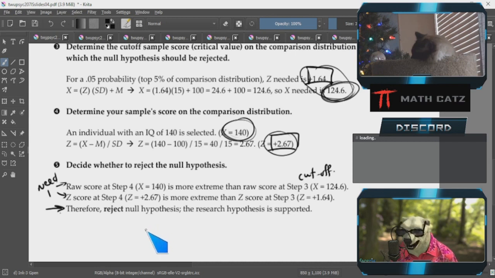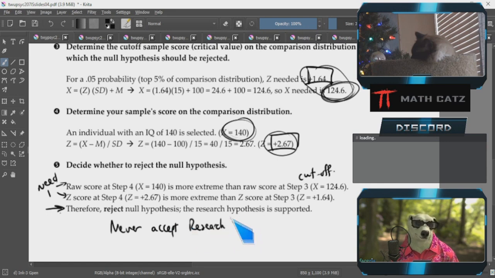So there's a subtle difference between the two. We never accept the research hypothesis. It doesn't serve as proof, but it can serve as evidence against something. So we'll get used to that as we go.